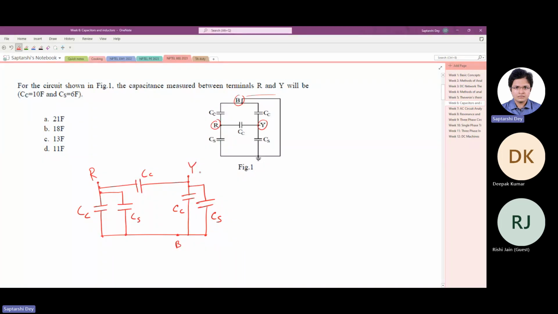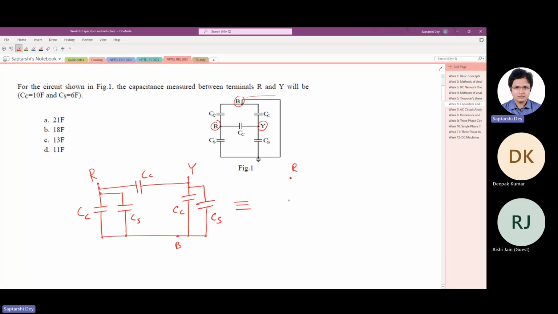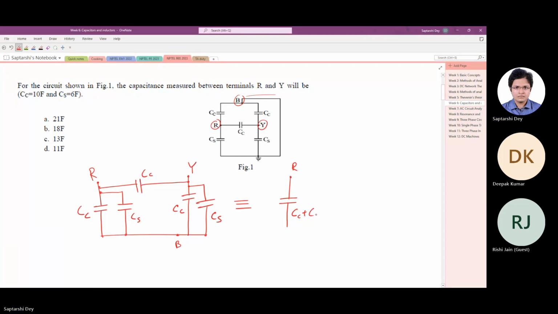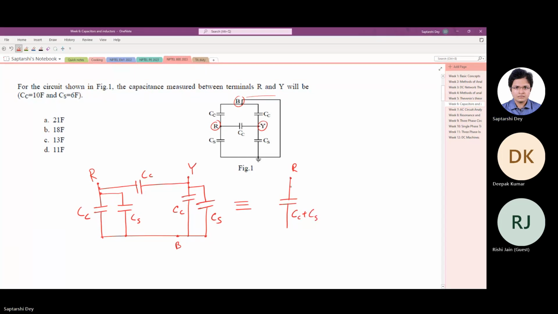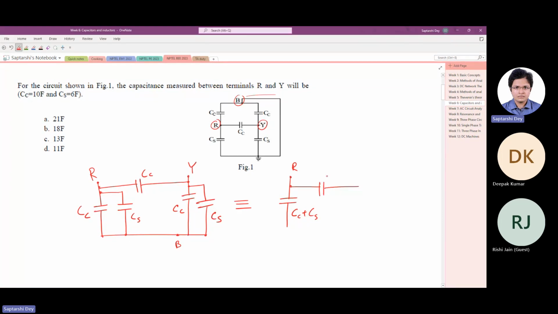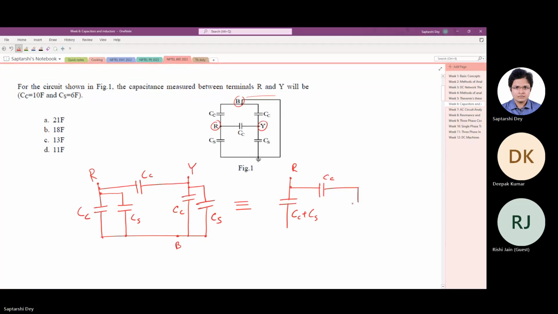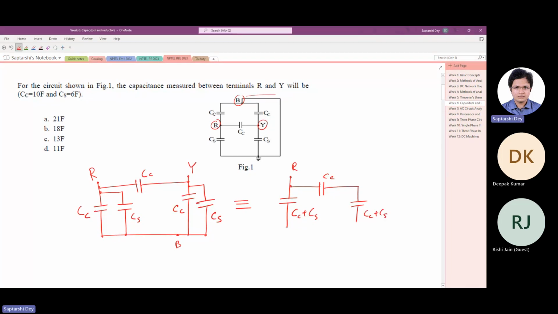Right now we have to find the capacitance between them. Now we can directly write from here. If I write R again here, then this capacitor is Cc plus Cs, and again we have Cc, again Cc plus Cs, and they're shorted.